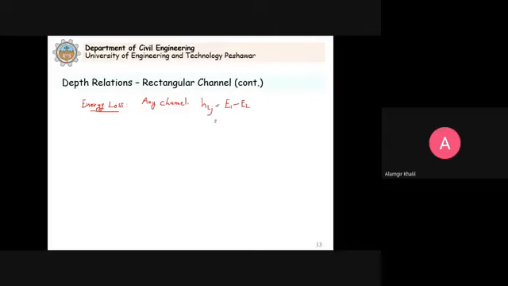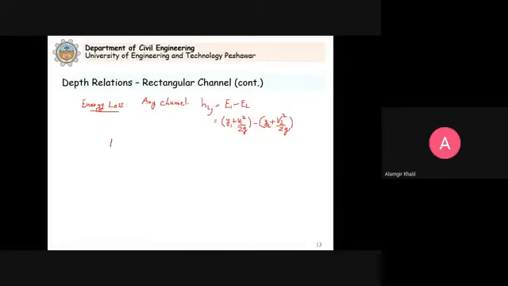This can be written as Y1 plus V1 square by 2G, minus Y2 plus V2 square divided by 2G. This is in general we can apply to any channel.